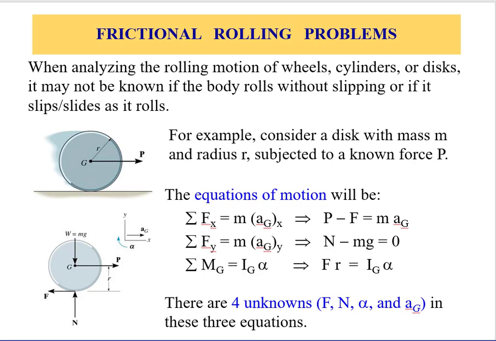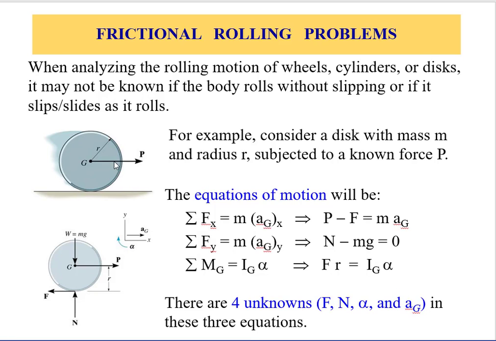When analyzing the rolling motion of a wheel or a cylinder or a disc, such as in this problem, which is driven by an external force, say P, with a known direction and magnitude, what we want to know is whether this body is slipping or rolling without slipping. And to do that, we must apply the equation of motion and investigate the case.